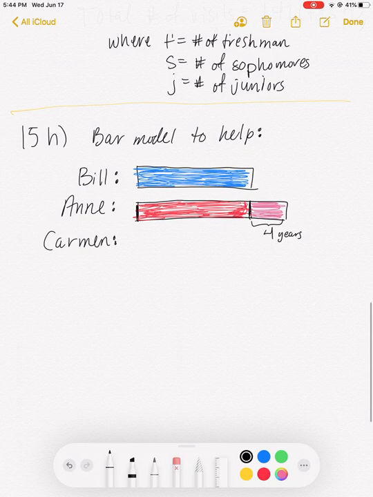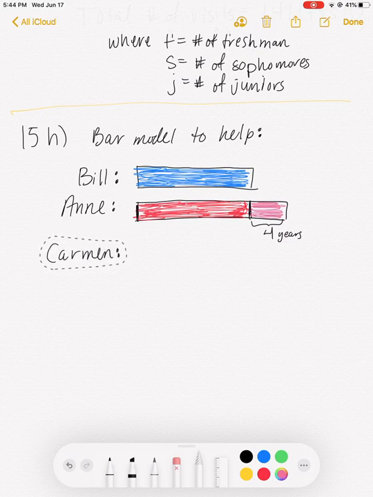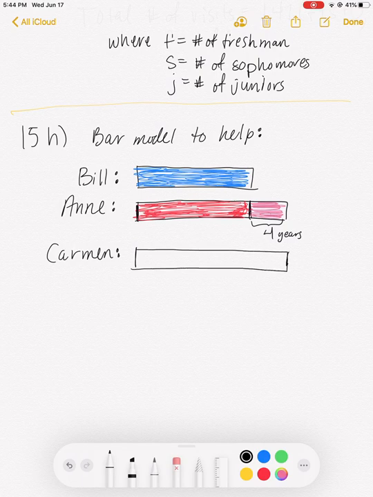So here's Carmen, so you move her down a little bit. This is all of Anne's bar here. I'm going to shade 1/5 of it. So we have to kind of guess here.